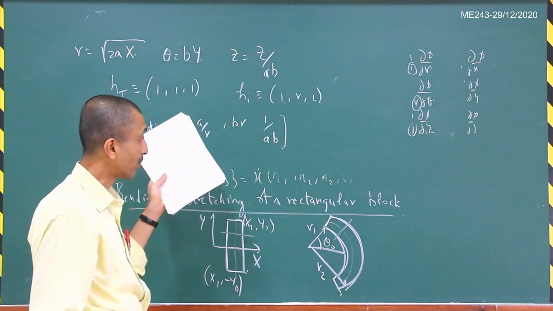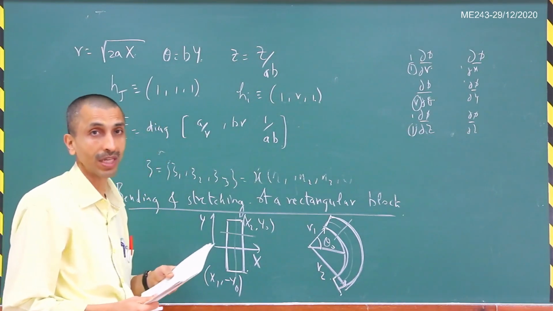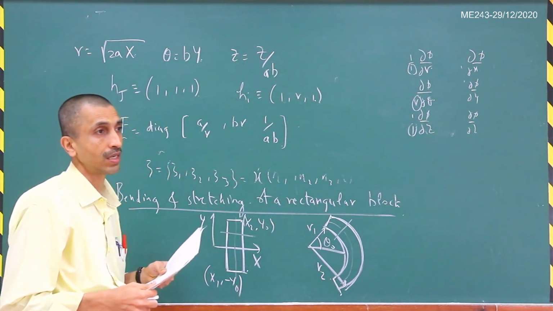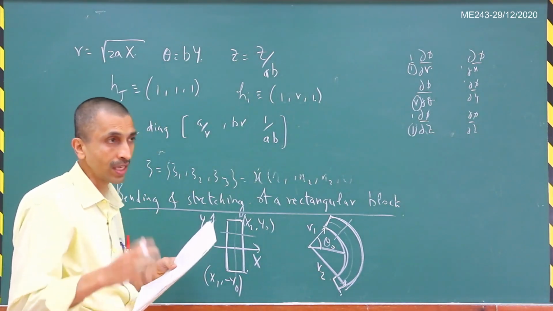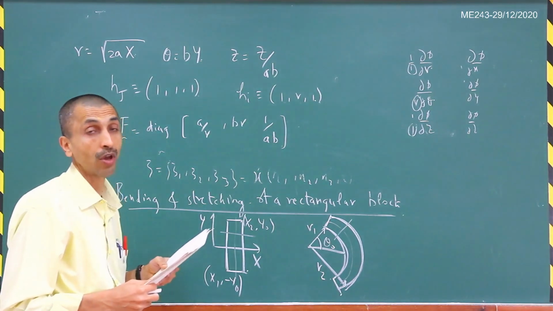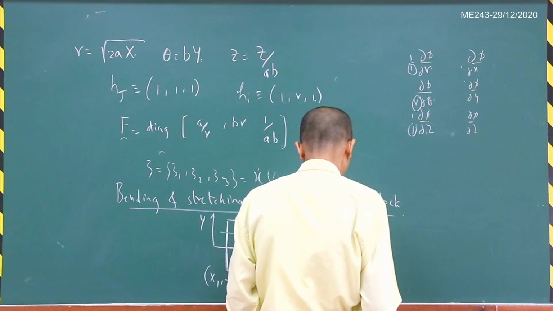All these solutions that we are considering are for incompressible materials, and so all the deformations that we are going to consider are isochoric or volume preserving, right? And so your det F has to be equal to 1 here.